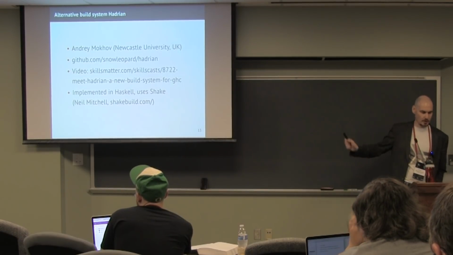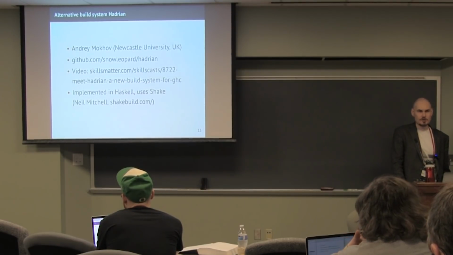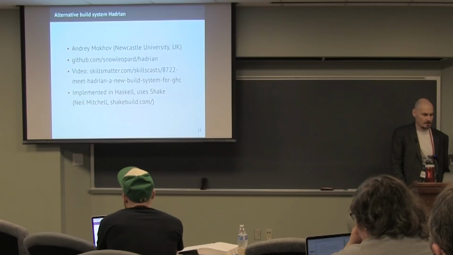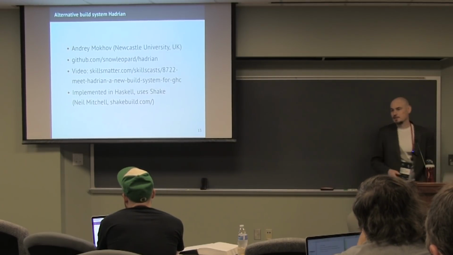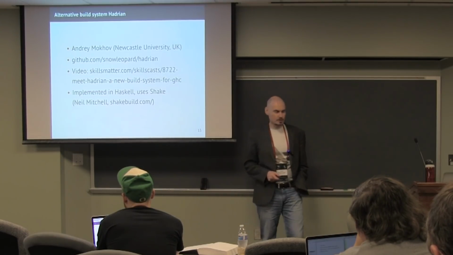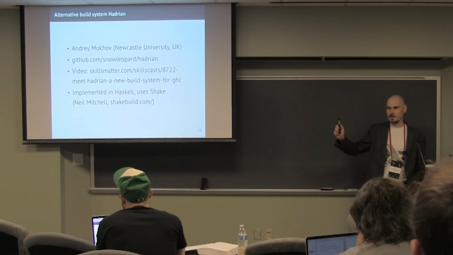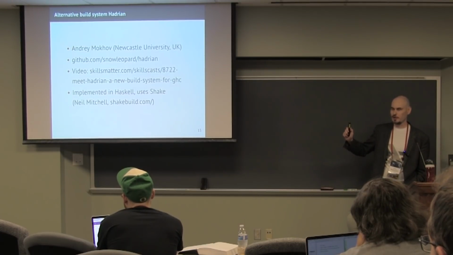There is a video about this build system. It is implemented in Haskell. It uses the Shake build system by Neil Mitchell, a very good one. But still, when I consulted, I was pretty sure that when you have Hadrian, then you don't need all this AutoMake, AutoConf stuff. But unfortunately, you still need that.